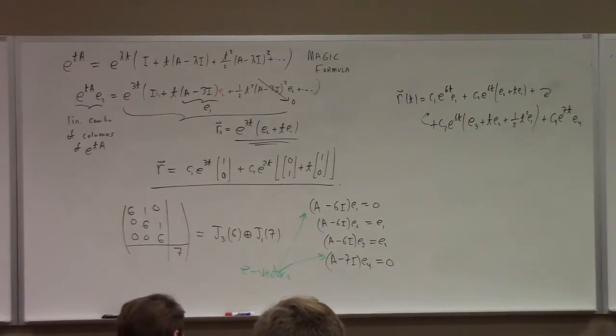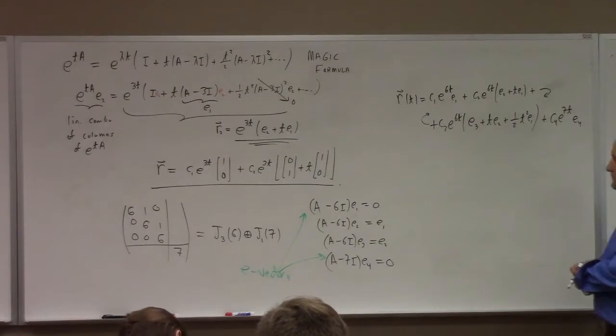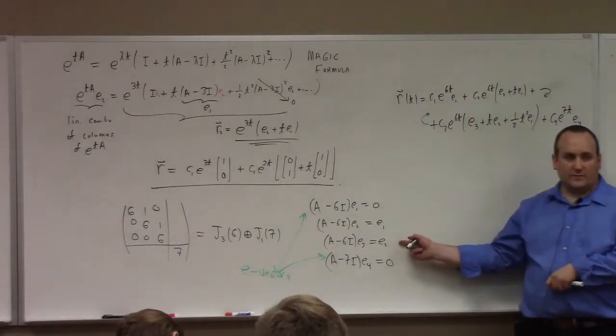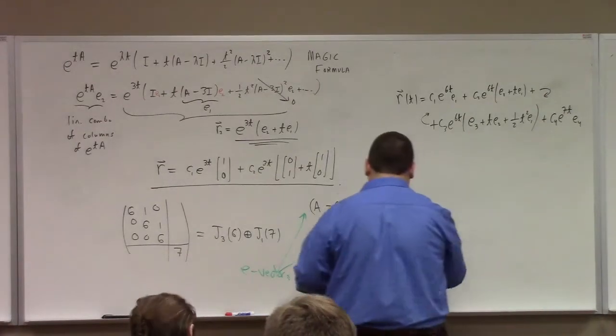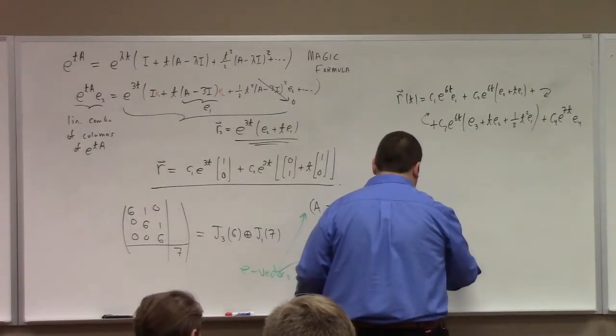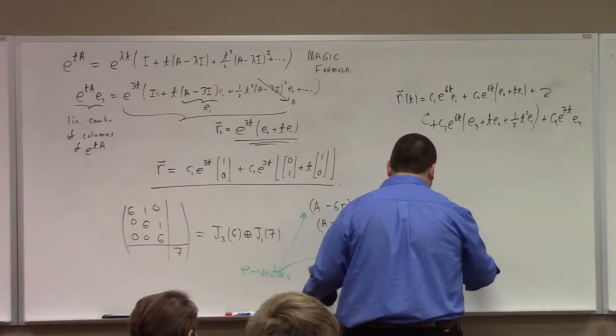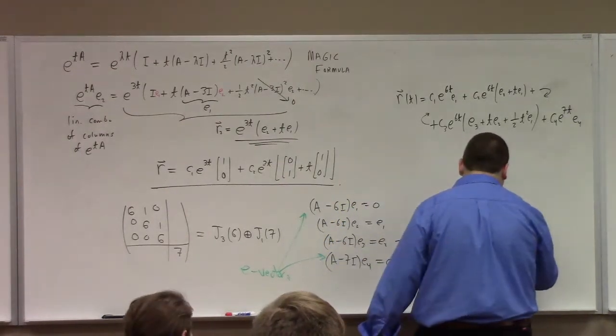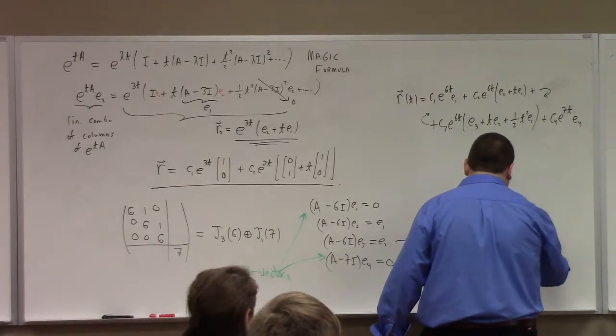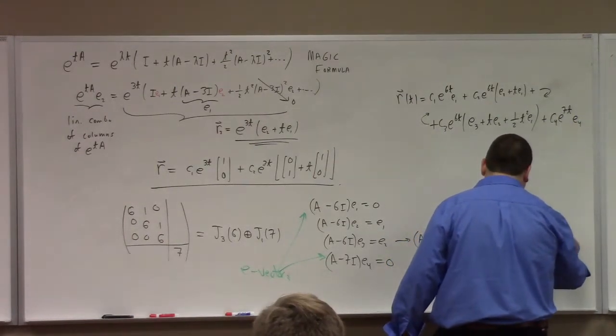So we can work with these Jordan chains. There's a chain of generalized eigenvectors here, like e3 is a generalized eigenvector of order 3. Just to emphasize, a minus 6I cubed on e3 is equal to 0, but a minus 6I on e3 is equal to e2.